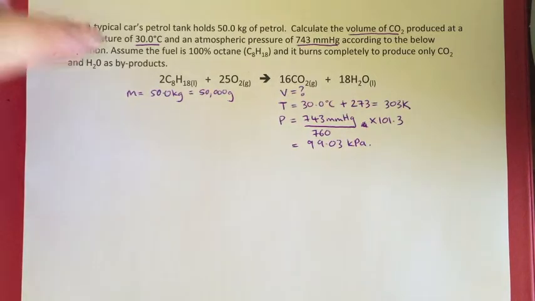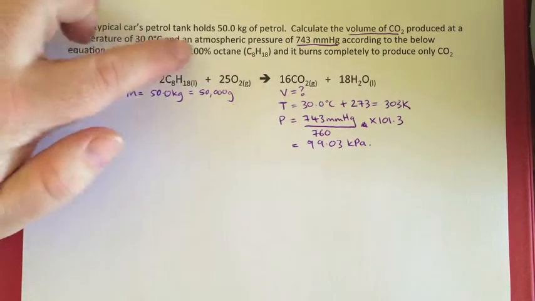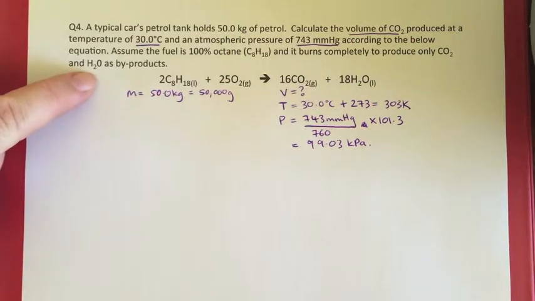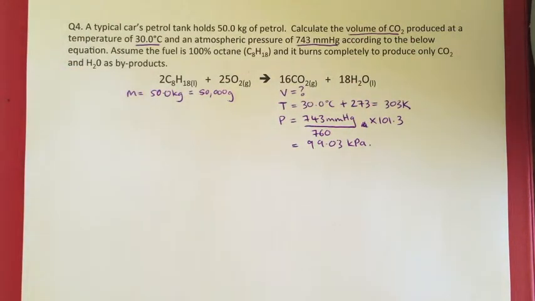They're percentages. But just assume that it's 100% octane and it burns completely to produce only carbon dioxide and water as byproducts, because, as we know, sometimes a car can give off a black smoke, which is solid carbon. So it's saying pretend that doesn't happen.